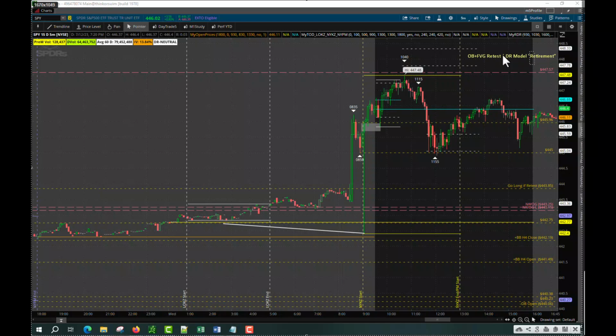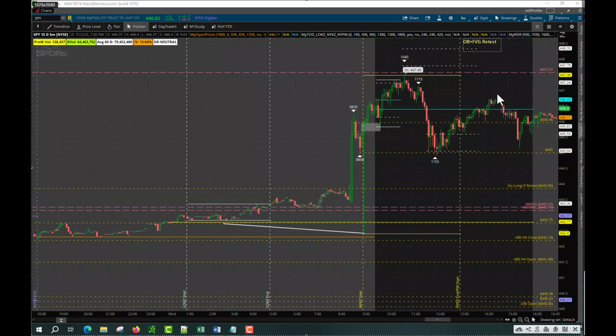Okay, oh no, let me, oh, come on. I have to undo this, sorry. I don't like that. Let me go a little bit higher up here, so we have more real estate, more space. So let's do the order block plus fair value gap, that's the ICT concept right there.